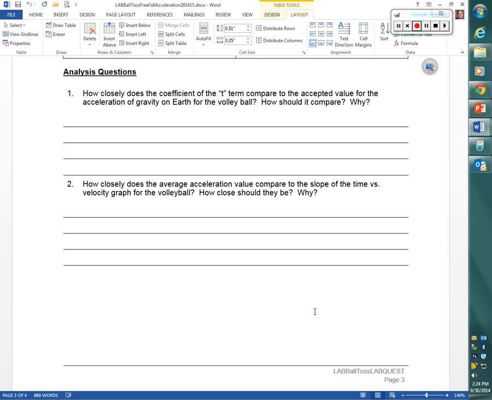So that may make our averages or slopes a little different depending on how the LabQuest draws the best fit line. You know what I'm saying? One data point a little bit off of that line can cause it to tilt just a little bit and make them a little different. And we're also dealing with uncertainties in measurement, right? So they're very close but not exact.